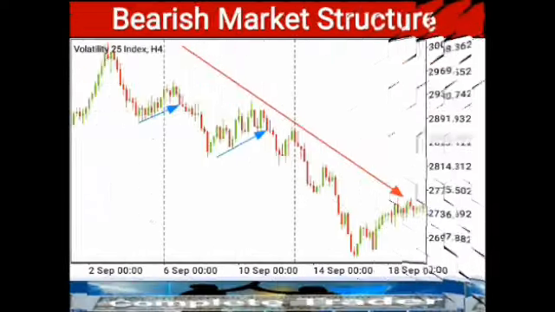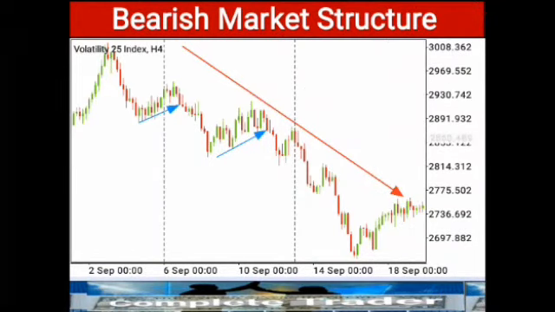So let's talk about the bearish market structure, the bearish version of what we just talked about. In this case, you have stronger bearish price ranges and weaker bullish price ranges. So you can see price move down, then a series of candles begin to form and push price up, and then price begins to move down again strongly. You can see that right here, this was a strong bearish move.